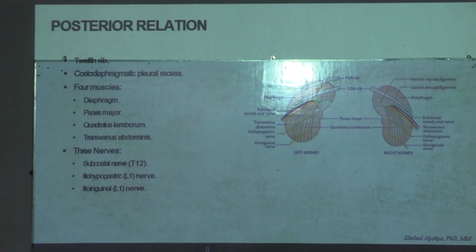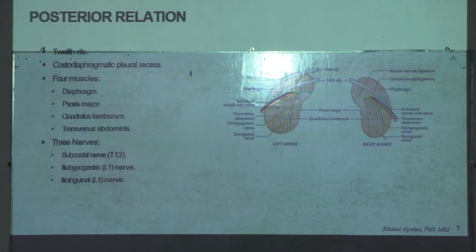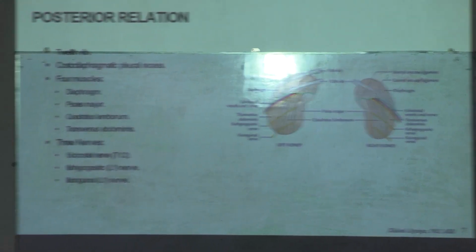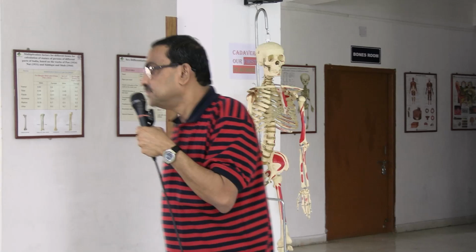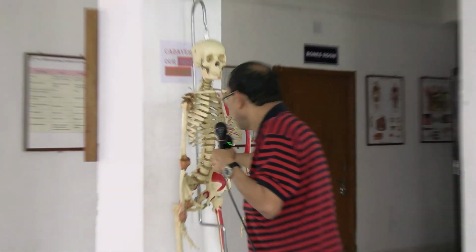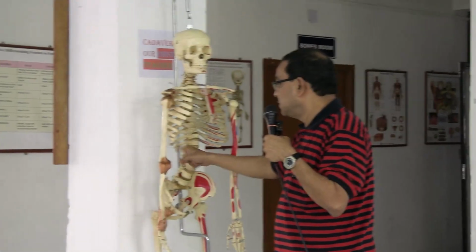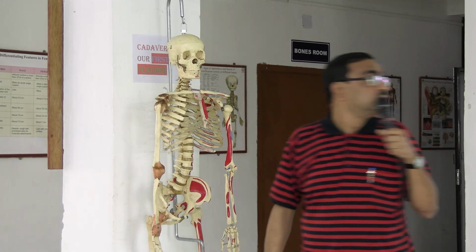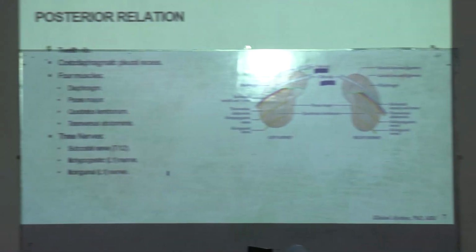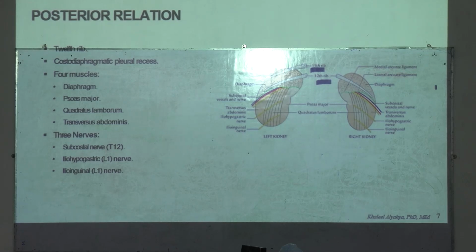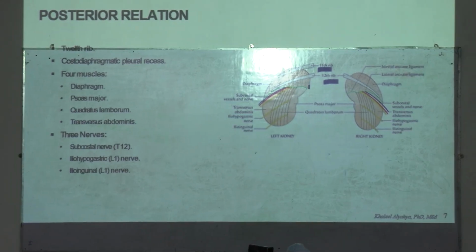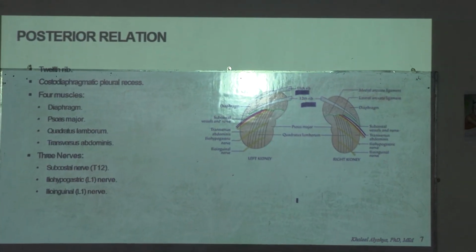You can see the 11th and 12th rib, as if you are seeing this picture from behind.